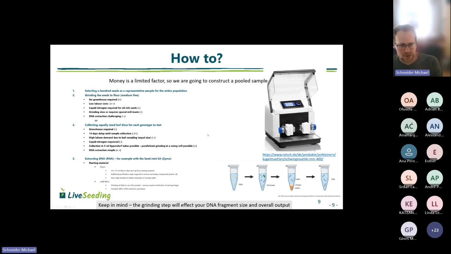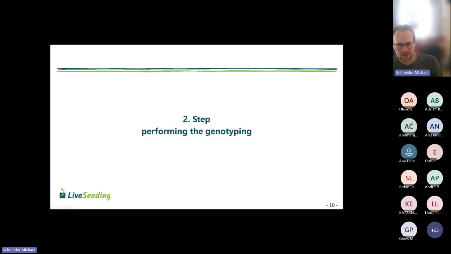The second step afterwards is that we have to decide on a relevant genotyping approach we want to go on with. We now have the DNA and we have to do something with it, get the numbers out of this. We need to end up with allele frequencies in the end.